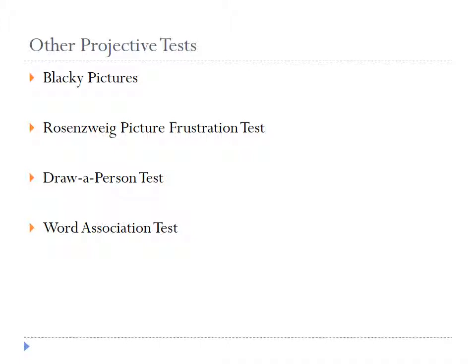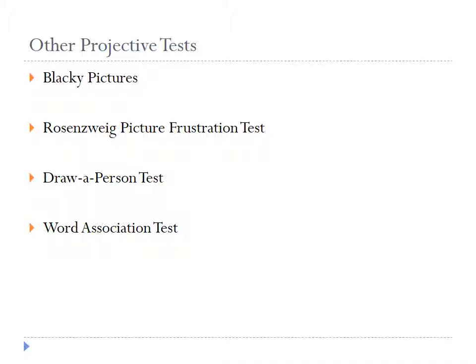The Draw a Person test asks an individual to draw a person, and scoring is done based on several different components: the size and proportional dimensions of the image, the detail included, whether it was anatomically correct, facial features are in the right places.